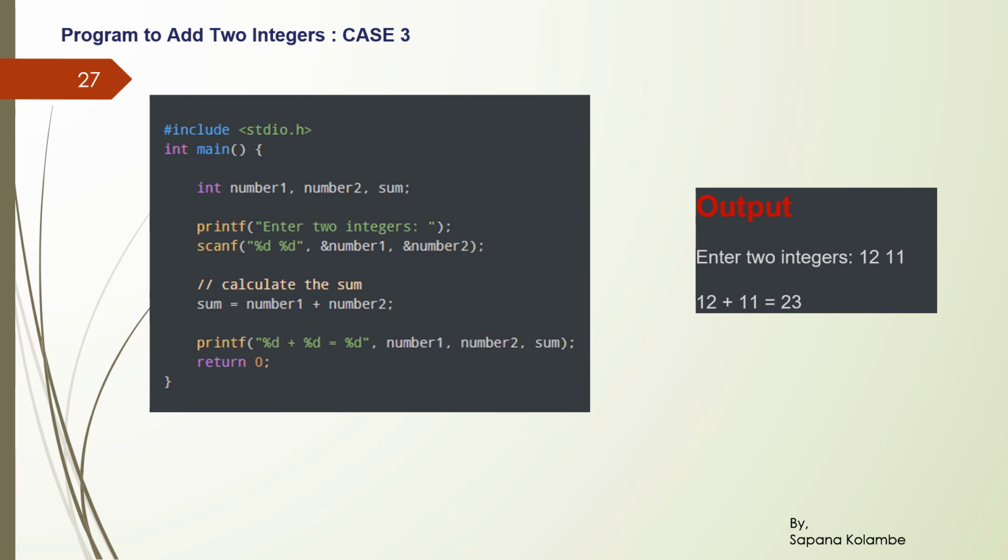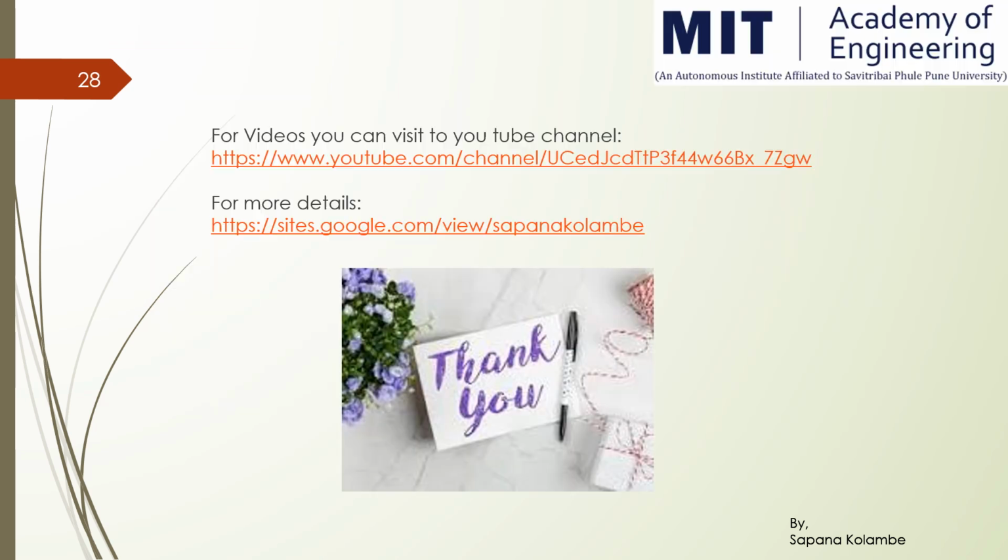It will give you the addition of 12 plus 11, which is equal to 23, and display your output. So this is all about variables, how you can use them along with their data types, their initialization, declaration, assignments, and how they are used in the program along with the format specifier.